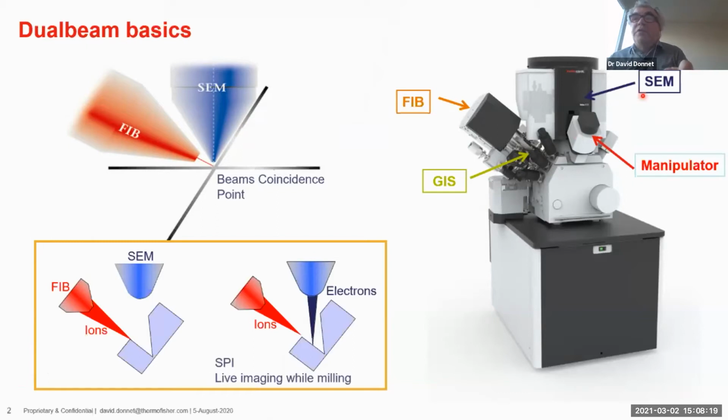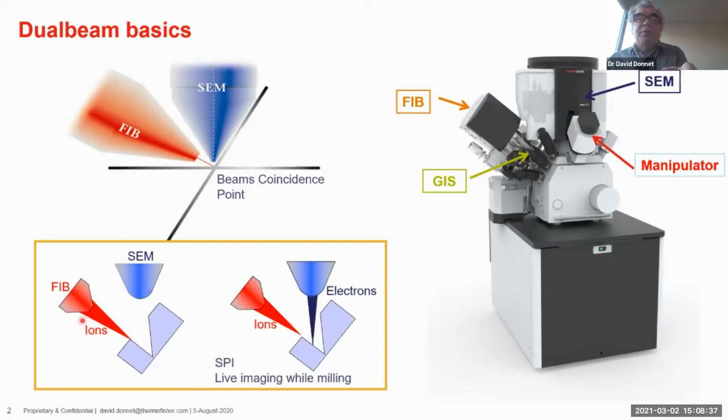So a Dualbeam consists of an SEM and a focused ion beam together, and important, of course, is that the beams coincide with each other at a single point. This really allows us to do all sorts of analysis, especially in semiconductor failure analysis.